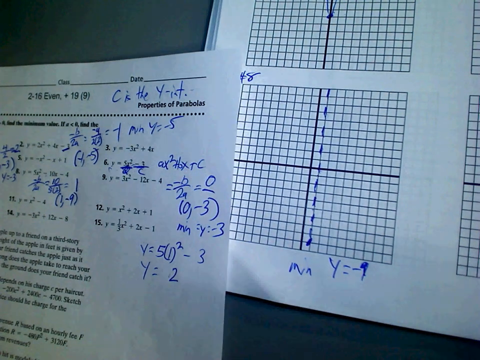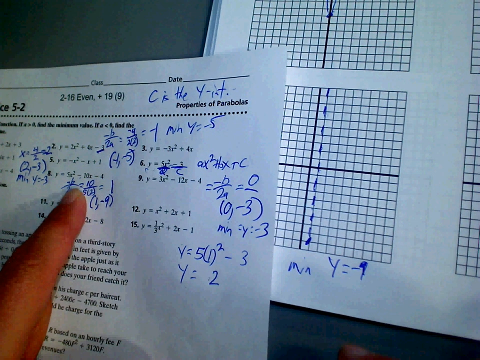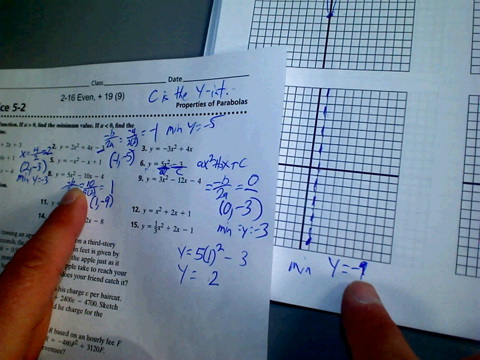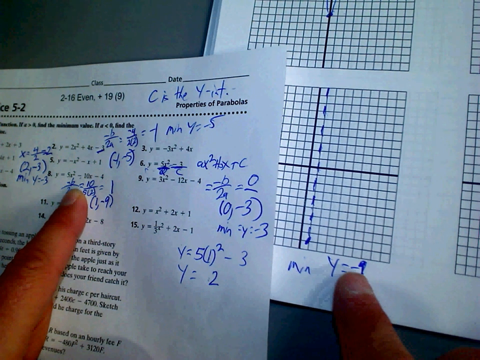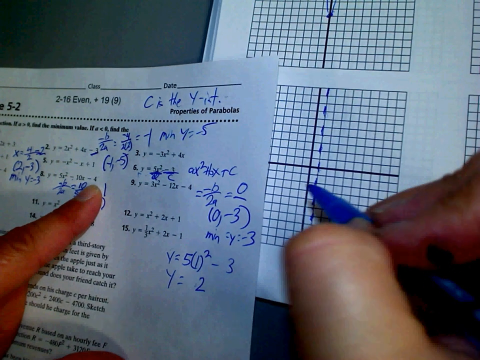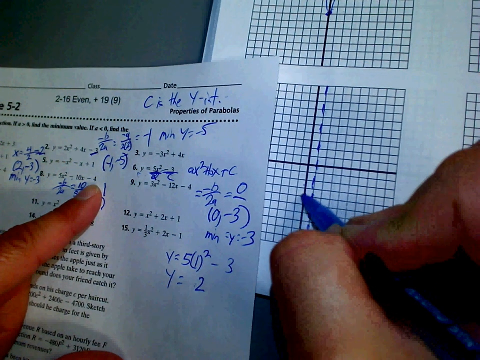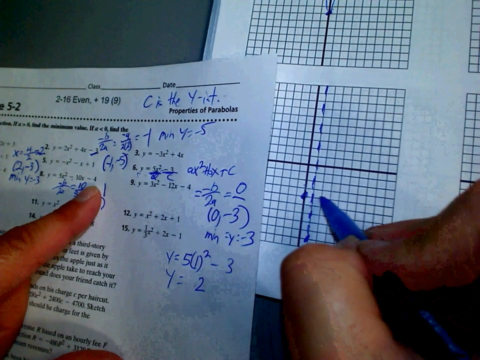We got a y-intercept right there, don't we? -4. 1, 2, 3, 4. 1 would correspond to it right there, wouldn't it?